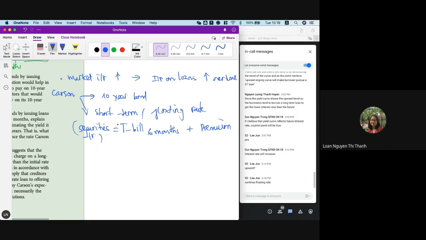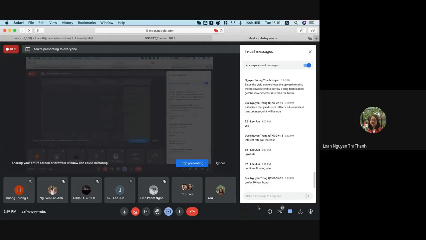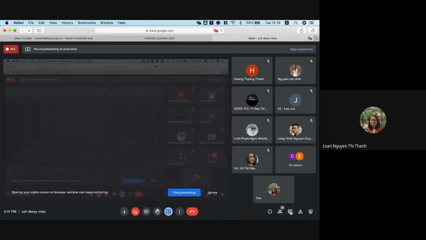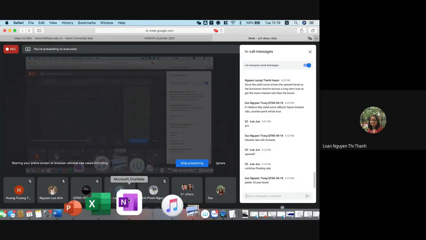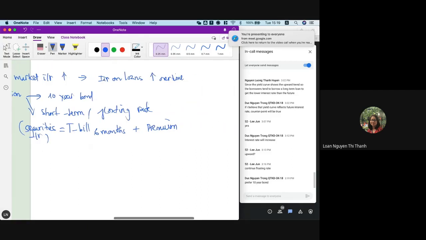So what about the others? What do you think? Do you prefer a 10-year? You lock the interest rate.